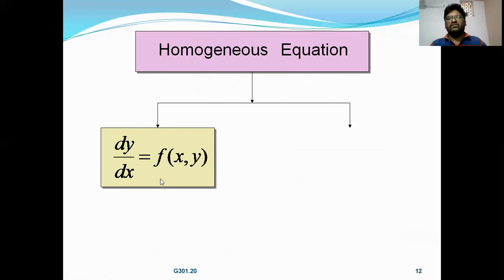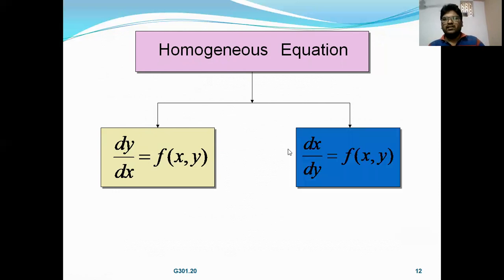This is one type of differential equation. The other type is dx by dy is equal to f of x comma y. Here we are differentiating the function x with respect to y. These are the two types of homogeneous differential equations.